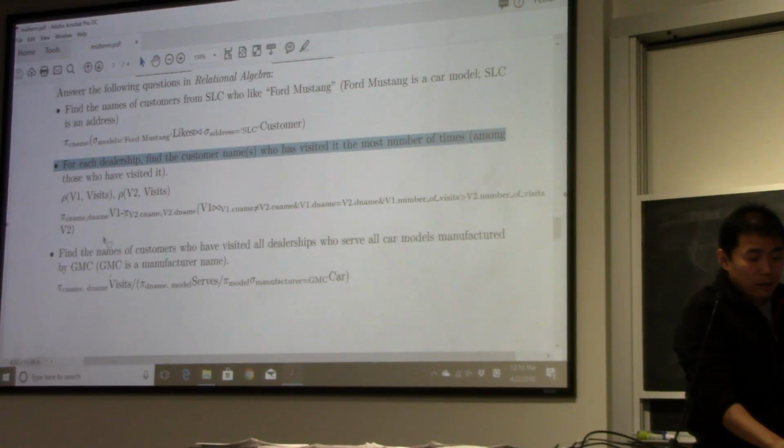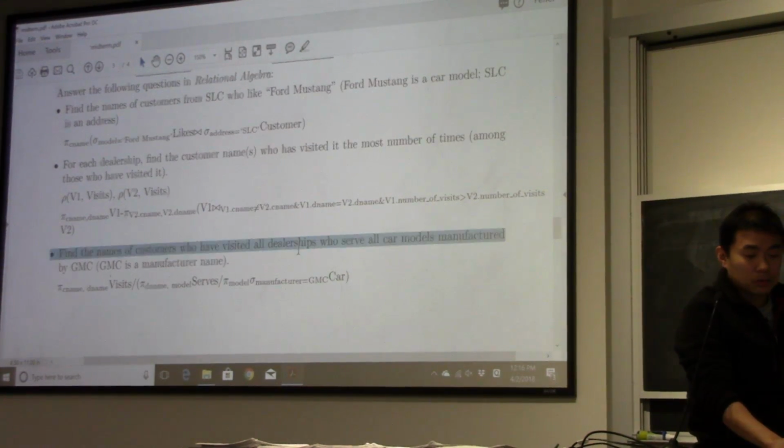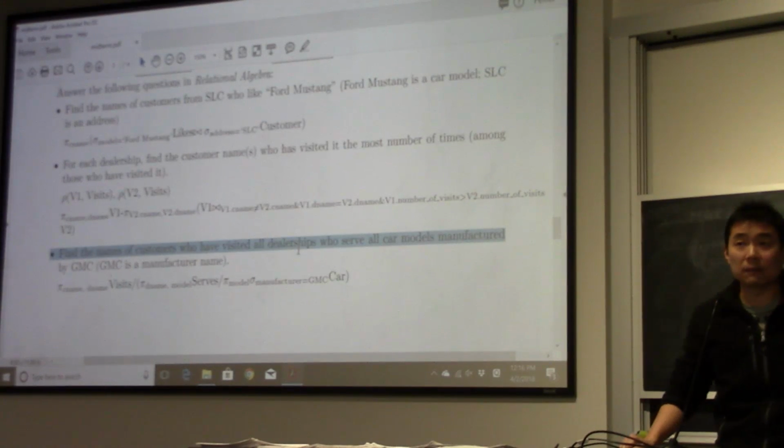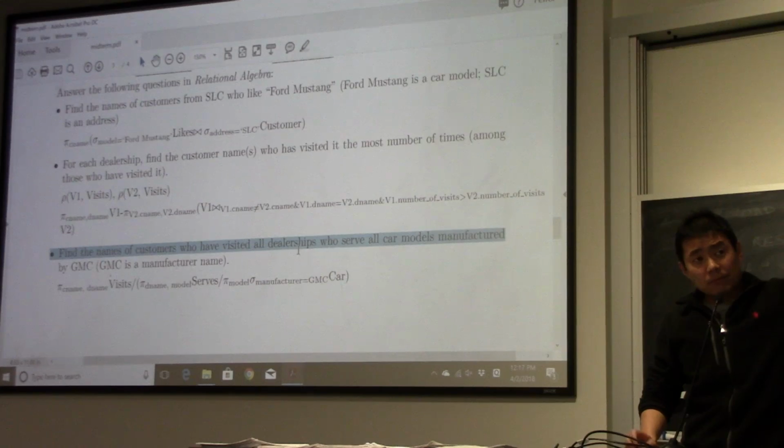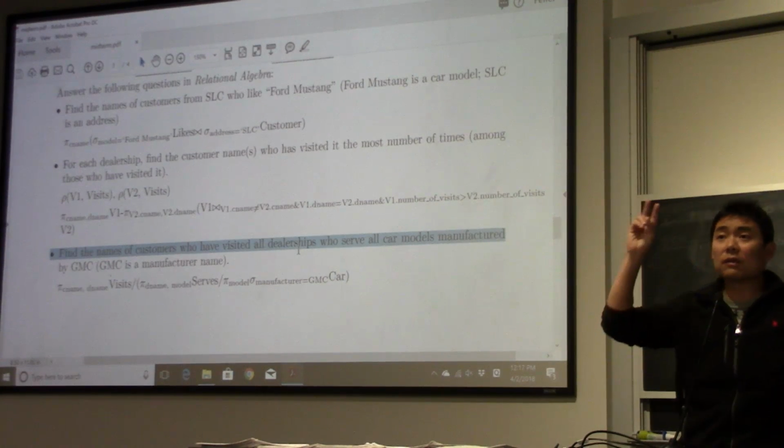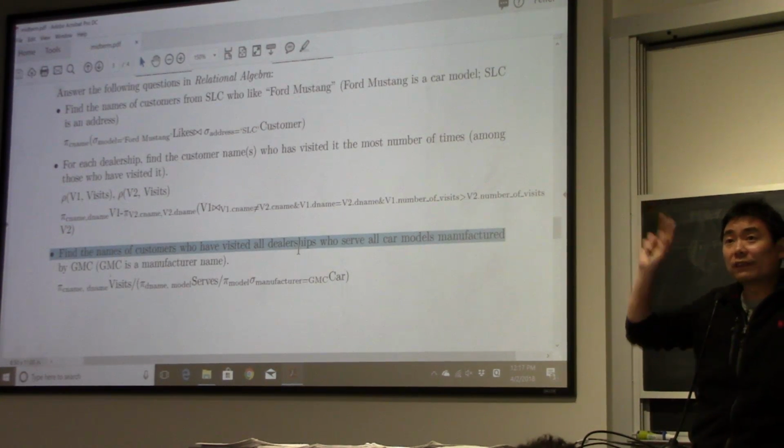Okay. The last one: find the name of customers who visit all dealerships that serve all car models manufactured by GMC. There are two types of mistakes people made on this. This actually is a combination of two divisions.